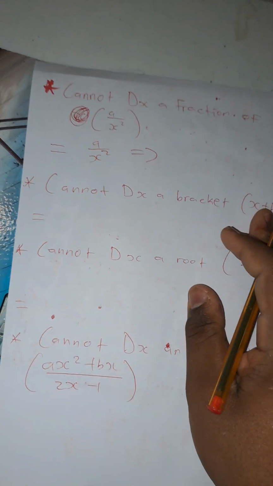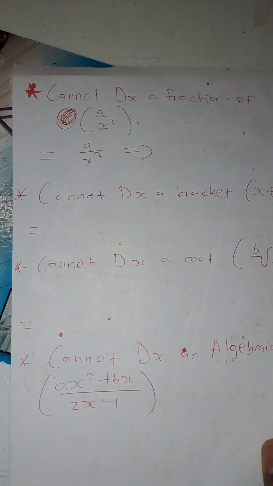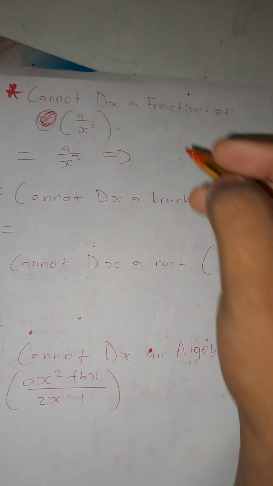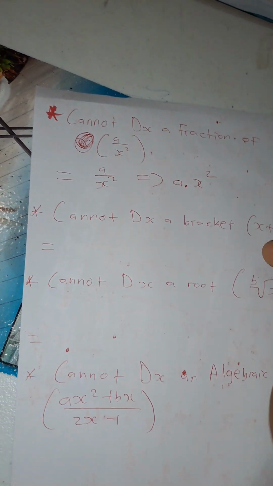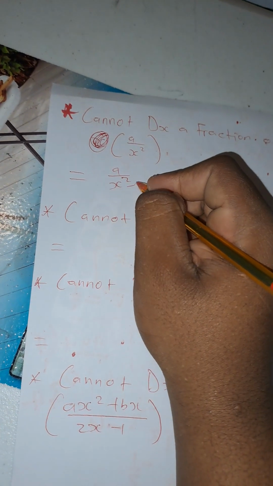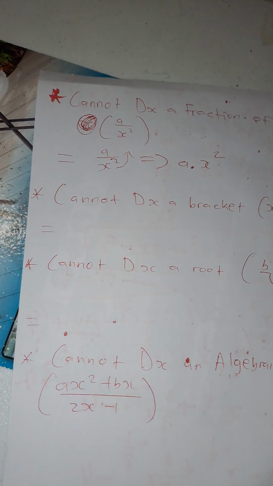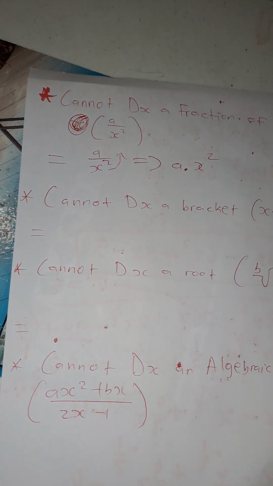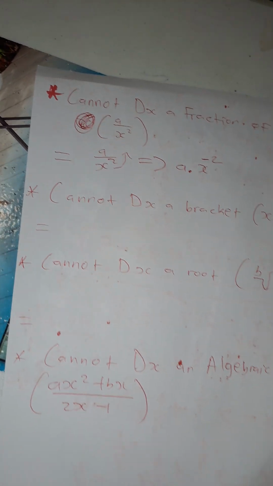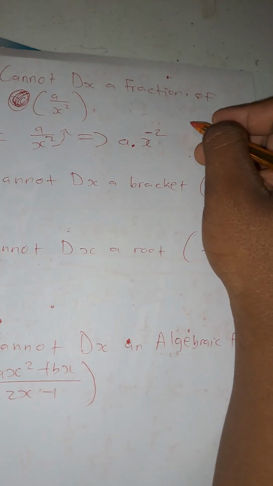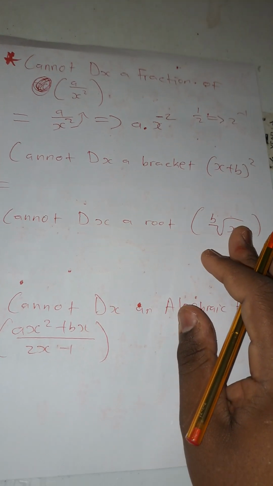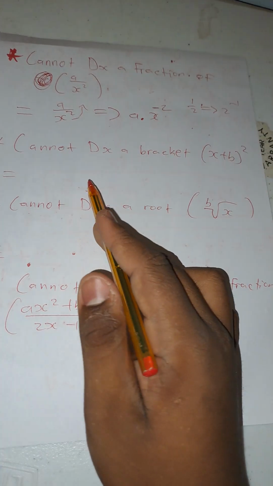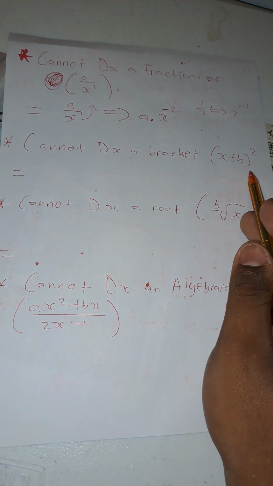So let's solve it. I have a over x squared, but I can simply fix it. You remember from your grade 10 and 11, the rules of exponents. I can say a times x squared, but remember, when this x squared changes position, it will be x to the minus 2. And then number 2, you cannot dx a bracket whereby you have (x plus b) squared.